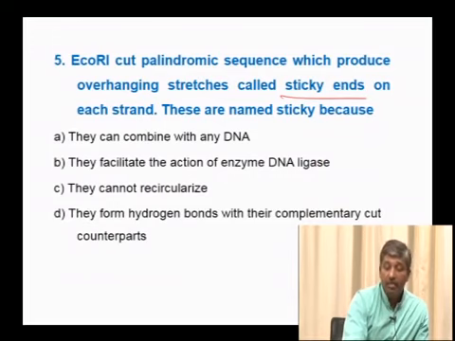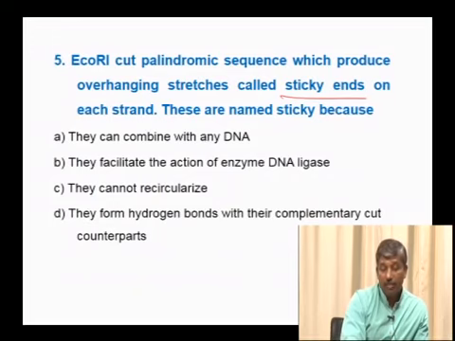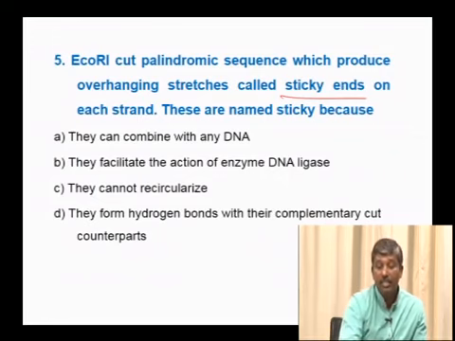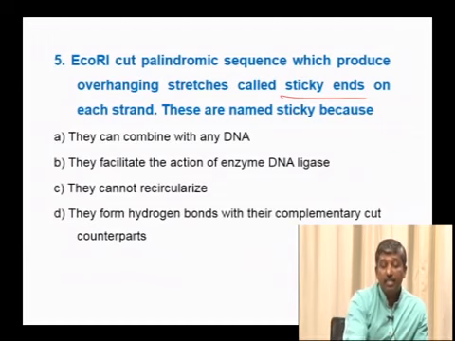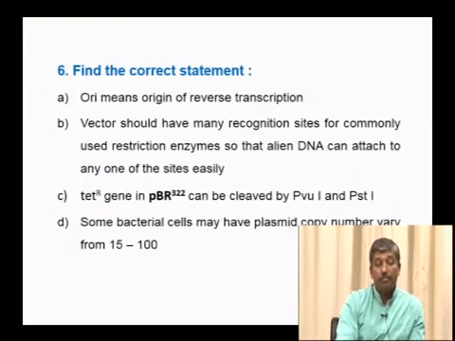They can recircularize. They form hydrogen bonds with their complementary cut counterparts. Since the sticky ends are overhanging complementary strands, they form hydrogen bonds with the complementary cut counterparts. Hence, it is the right option.